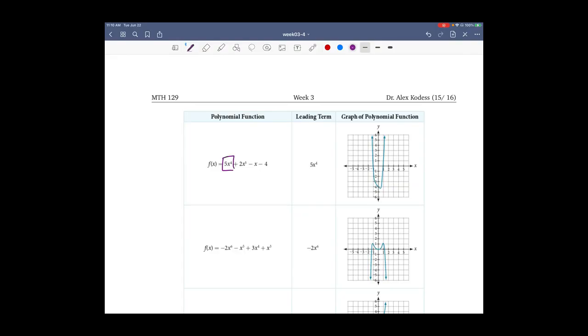So when determining the end behavior of this polynomial function, forget about the other terms and conclude that this polynomial function behaves at infinity simply like its own leading term, 5x to the 4th power. And that behaves just like x to the 4th power, positive infinity in either direction.